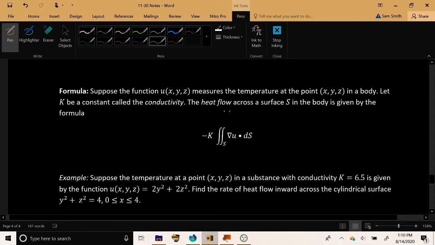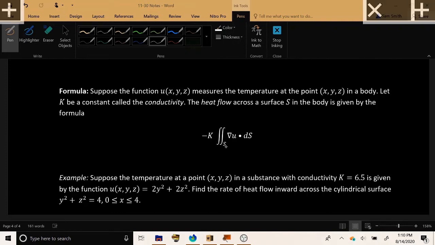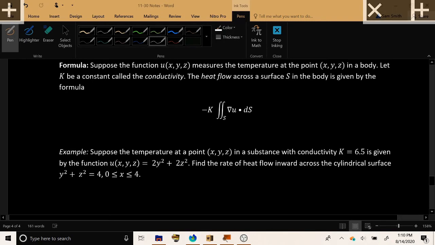If I want to measure the flow of heat across a surface S in the body, so to perhaps measure how fast or how much heat is leaving the body, then you can do that in the following way. Take the double integral over the surface S of the gradient of the temperature function, and then multiply the result by the negative of the conductivity.